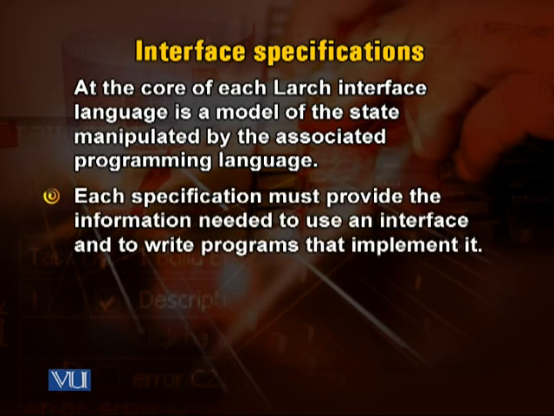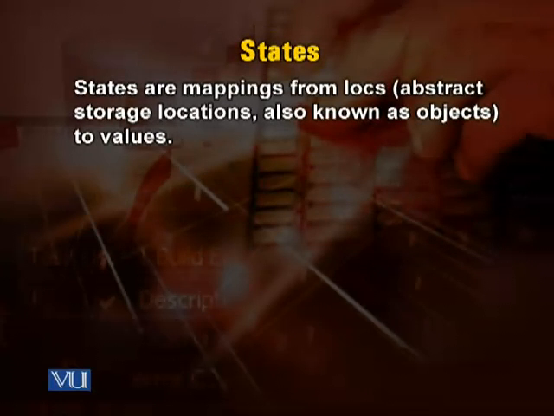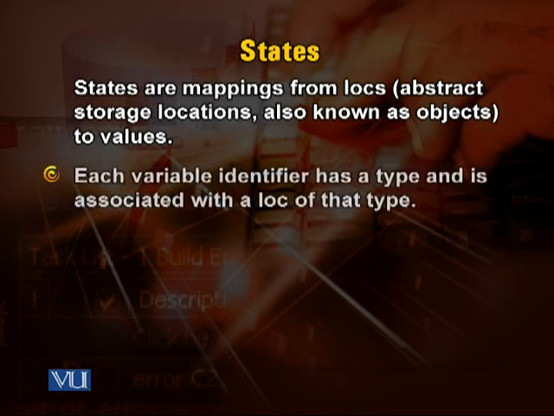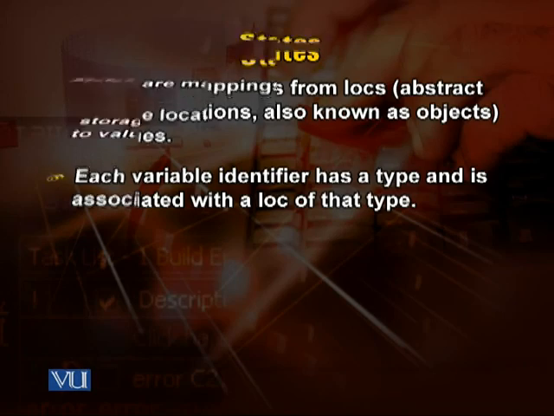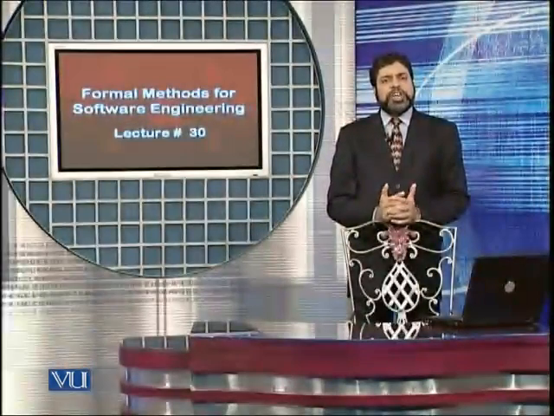Each specification must provide the information needed to use an interface and to write programs that implement it. So what are states? States are mappings from locs, which basically means locations, and from an abstract point of view these are abstract storage locations, also known as objects, to values. Each variable identifier has a type and is associated with a loc of that type.